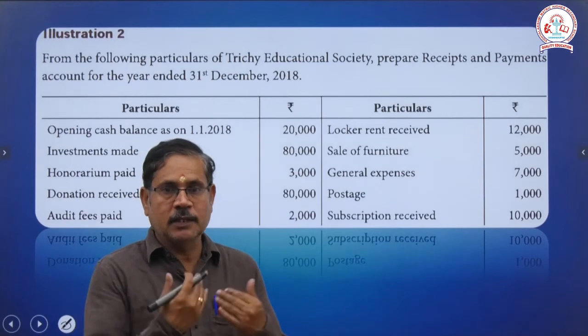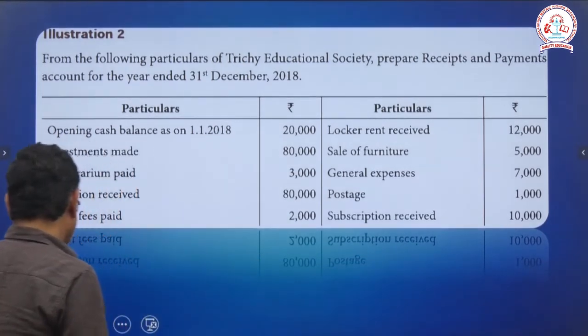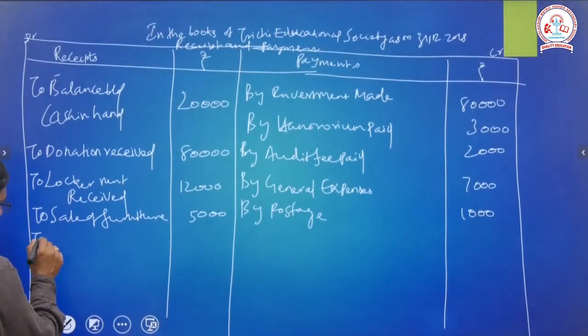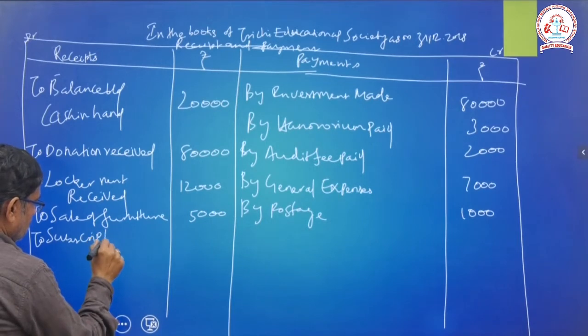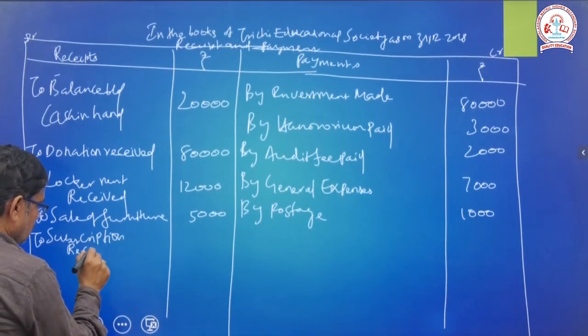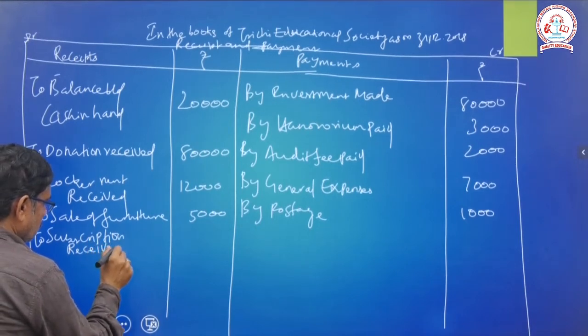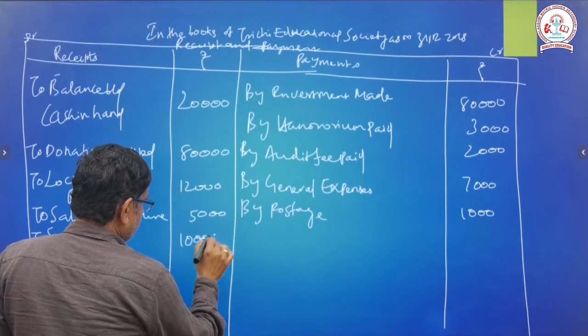Subscription received, we received money. So, subscription received 10,000 will appear on the receipt side. To subscription received 10,000. Right.